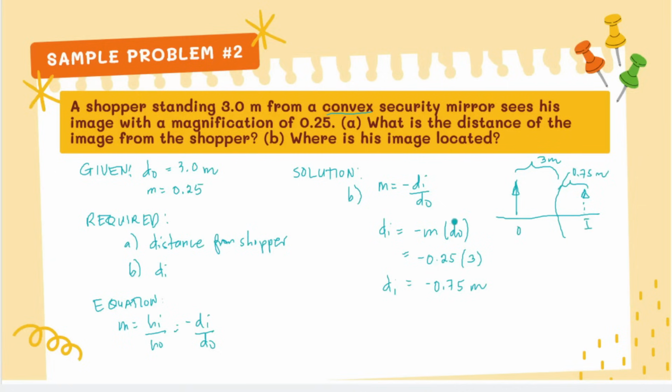So, from there, we can already identify our answer for letter A. Sabi dyan, what is the distance of the image from the shopper? So, that would be 3 meters plus 0.75 meters, and that is 3.75 meters. Alright?